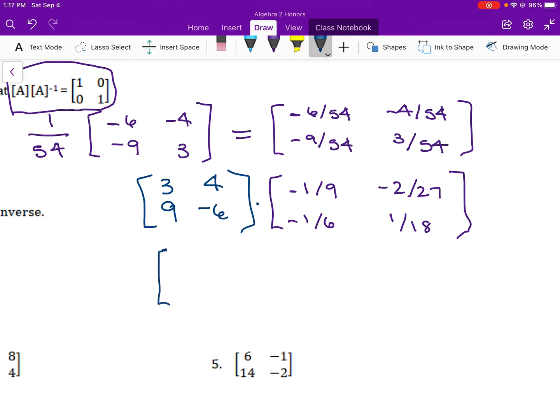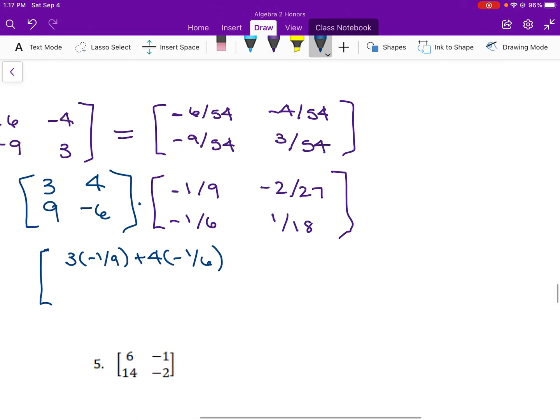So I'm taking 3 times -1/9 plus 4 times -1/6 for my first entry. Over here, I'm taking 3 times -2/27 plus 4 times 1/18.